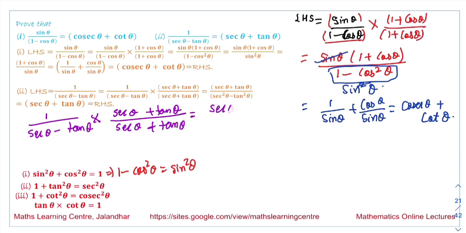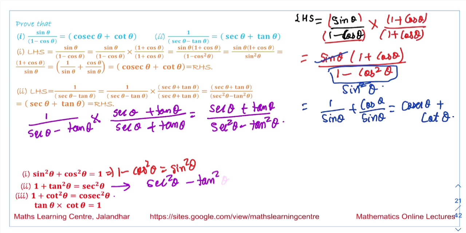This becomes secant theta plus tan theta over secant square theta minus tan square theta. Using the second identity, secant square theta minus tan square theta is equal to 1. So the denominator becomes 1 and this term becomes equal to the RHS.